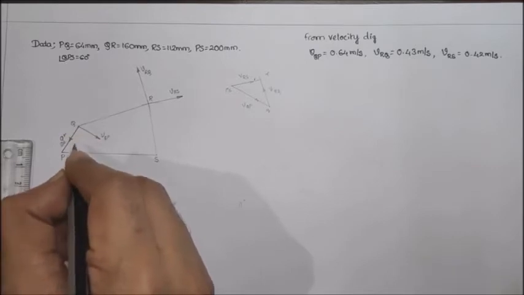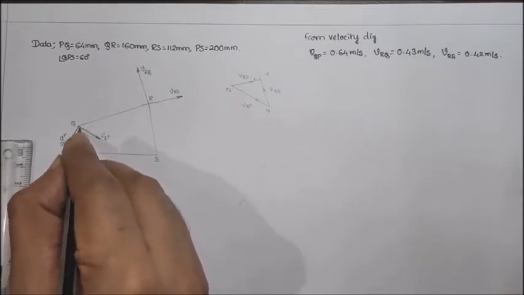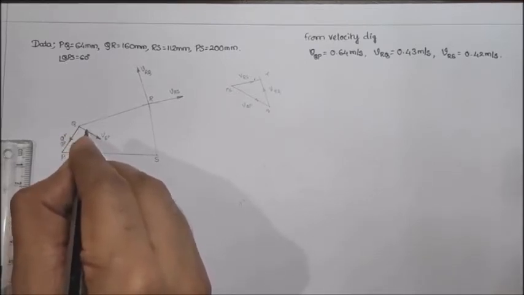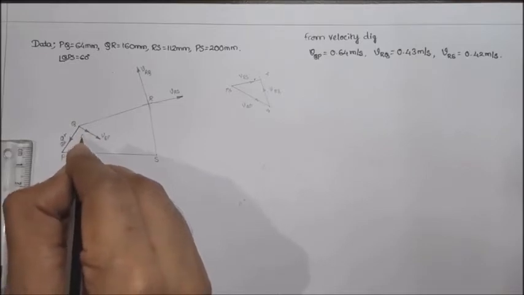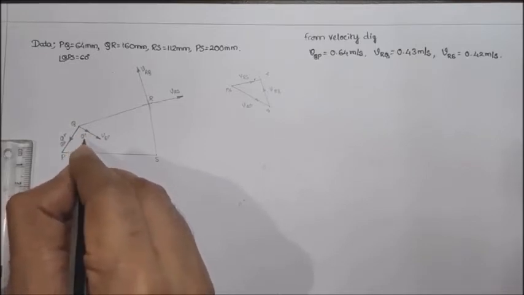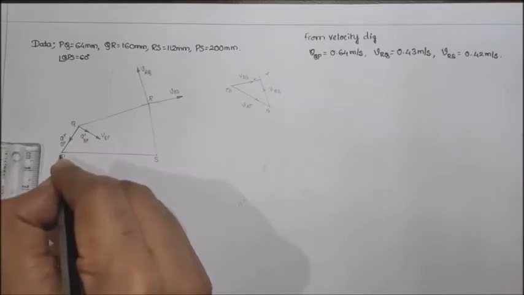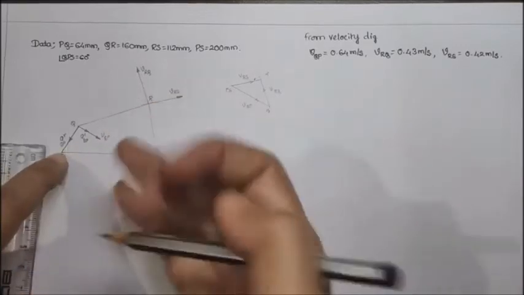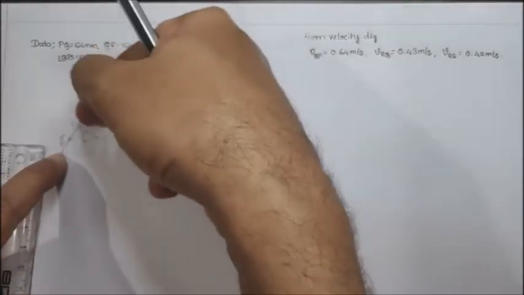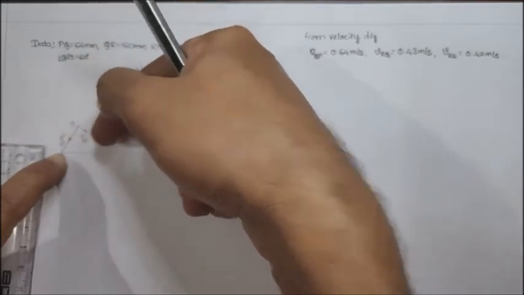Even though there is a tangential component, it will be in this direction, so it will be acceleration tangential of QP, taking this as a fixed point. So there is a radial component and a tangential component.